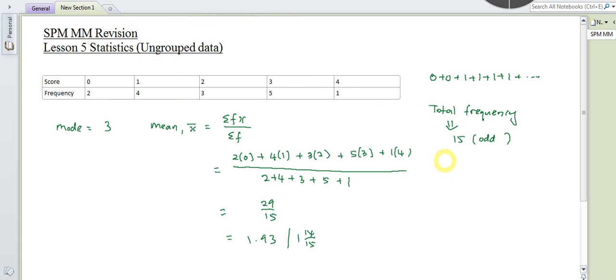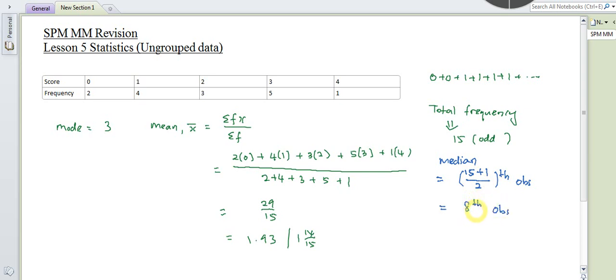How do we determine the median? We take n, which is 15, plus 1, divided by 2. So you have 16 divided by 2, you get 8.